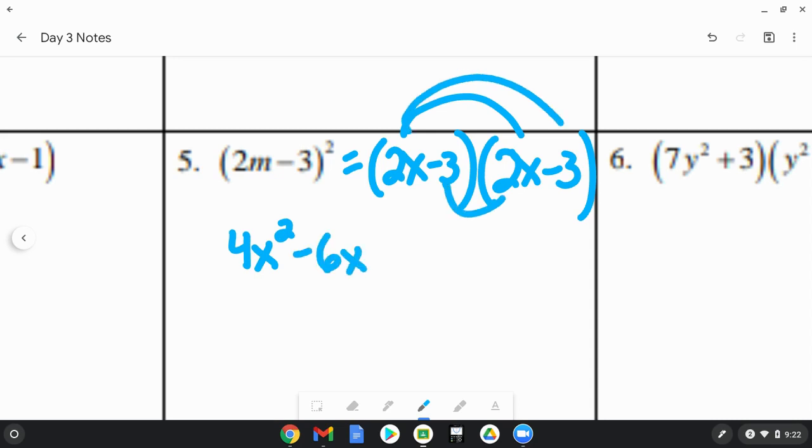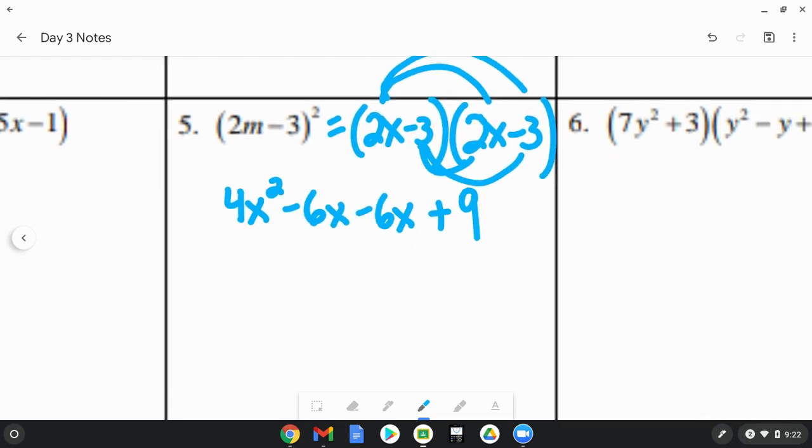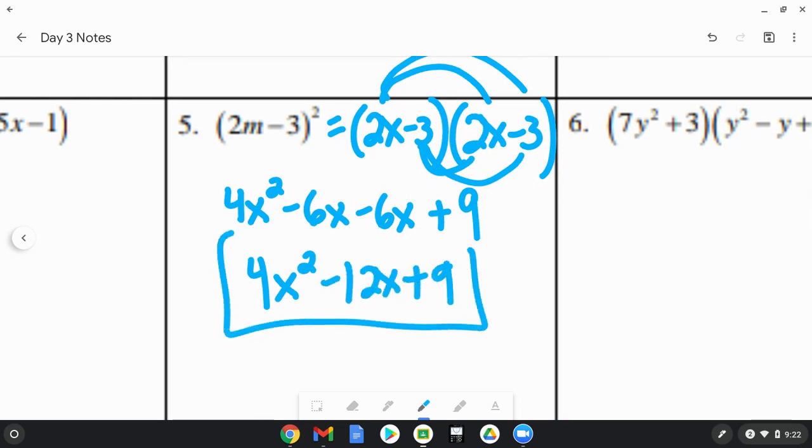The second by the first would give me negative 6x. And the second by the second is negative 3 times negative 3, and that's plus 9. The middle terms, when you add them together, will give us negative 12x. So this would be my final answer if you multiply those two binomials. So whenever you see something squared, you have to write it twice and then multiply.